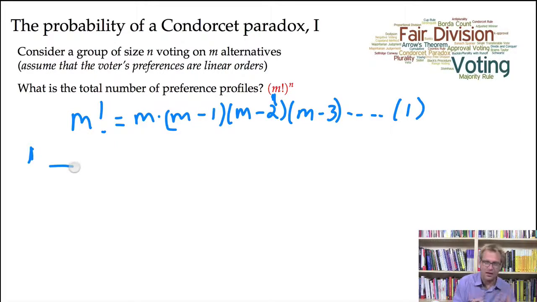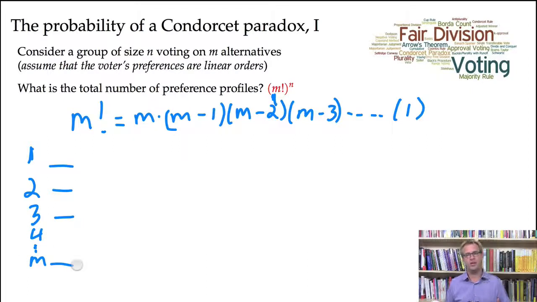So you write down a candidate that comes in first, then a candidate that comes in second, then a candidate that comes in third, then fourth, down to the last candidate, which comes in nth place. Now, if we're considering any possible linear ordering, that means that any one of the m candidates could be listed at the first place position. So we have m choices for the first place position.